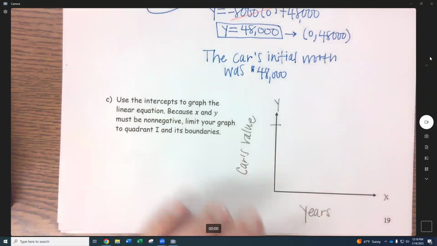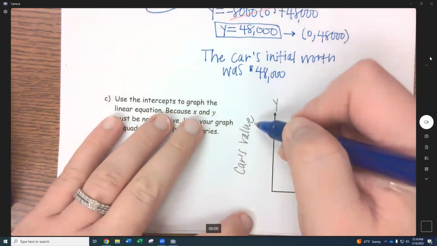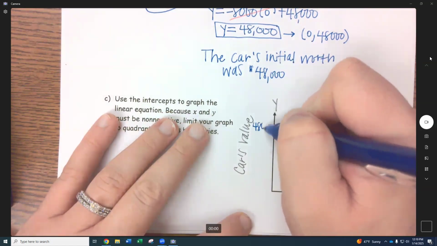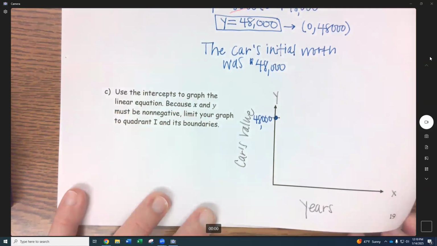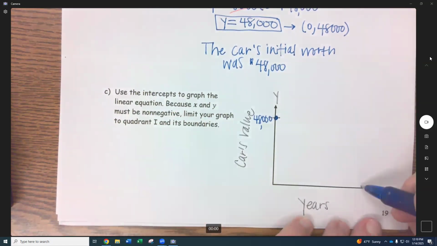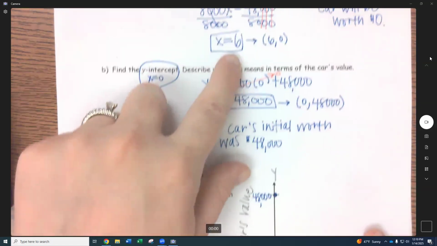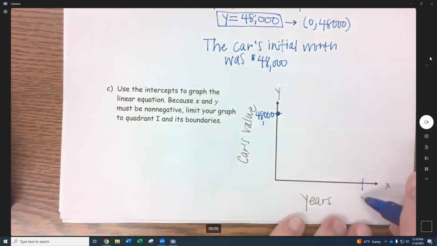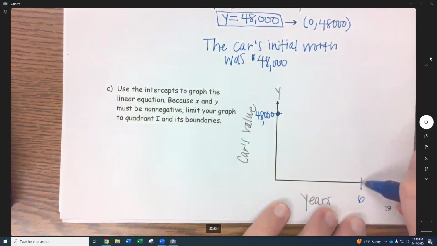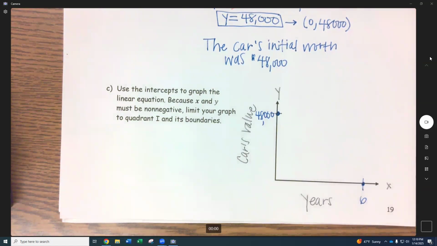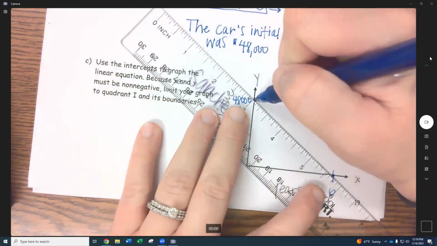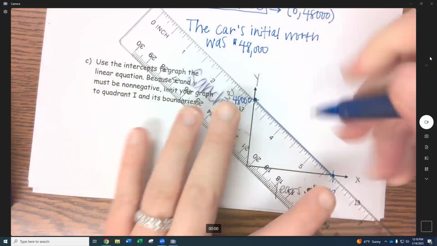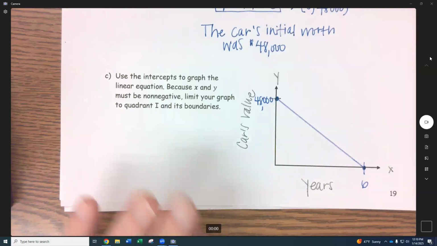Okay, we're starting right here at 48,000. And we are going to 6 years right here. Therefore, my line would be that right there. So here is my graph.